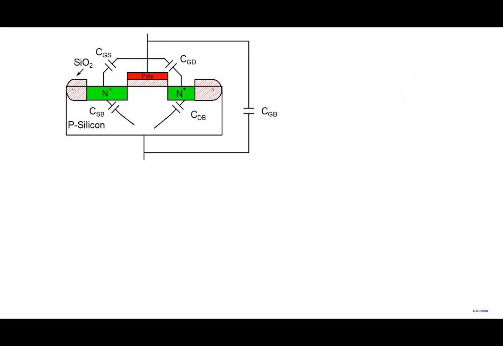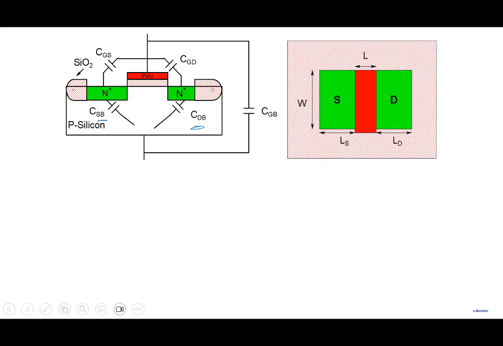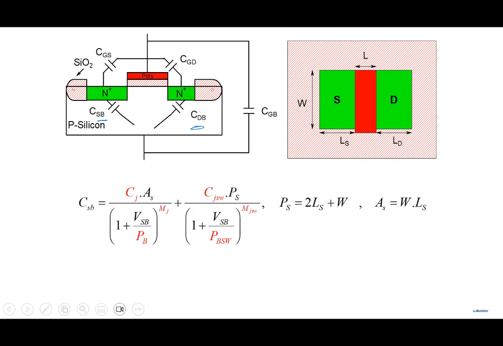if I look at source to body and drain to body, these capacitors will have two components. Source to body and drain to body are the same. So look at the source to body that I'm writing, CJ. CJ is the junction capacitance.